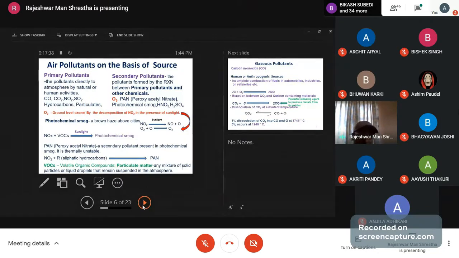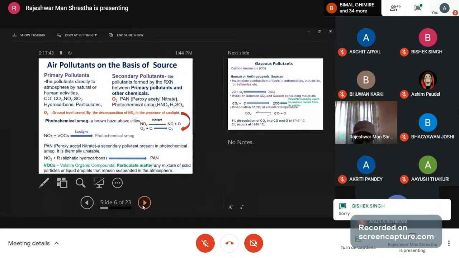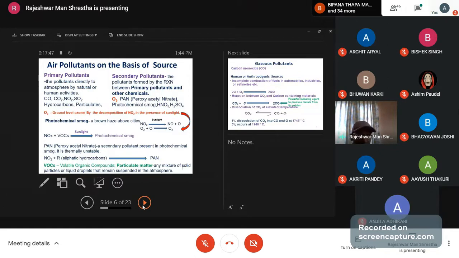And next is PAN, peroxyacetyl nitrate, a secondary pollutant present in photochemical smog. It's thermally unstable, and this PAN is released into our atmosphere by the chemical reaction between the primary pollutants NO2 gas and open chain hydrocarbons in the presence of sunlight.